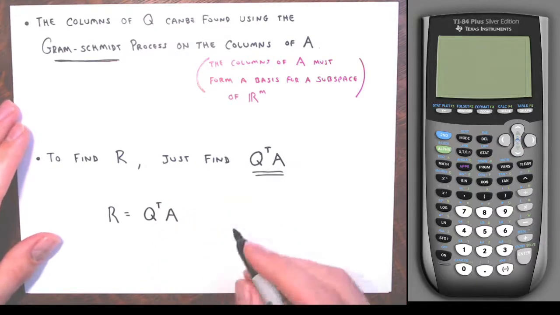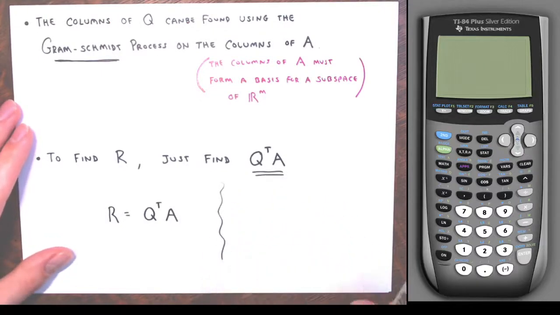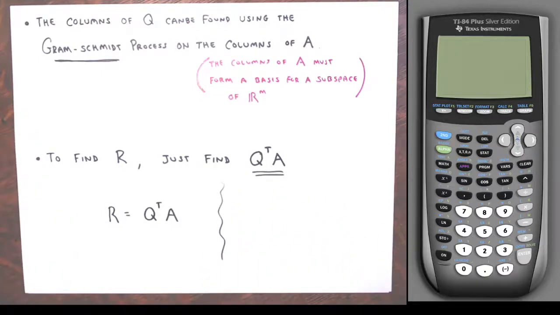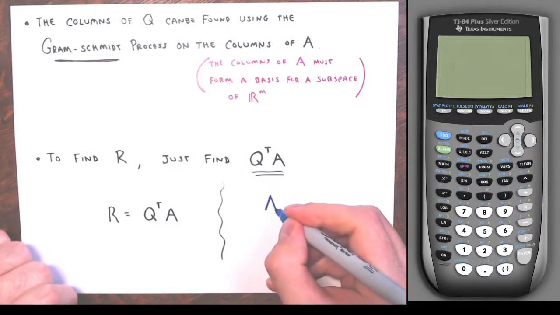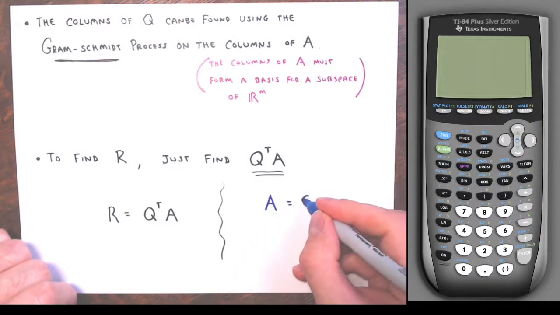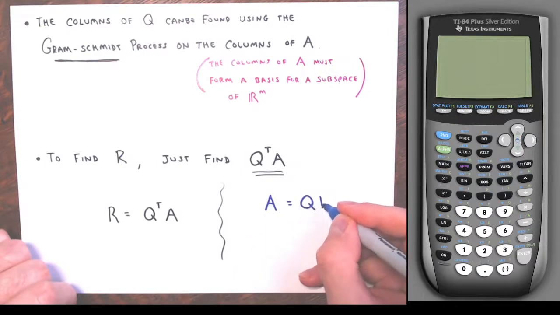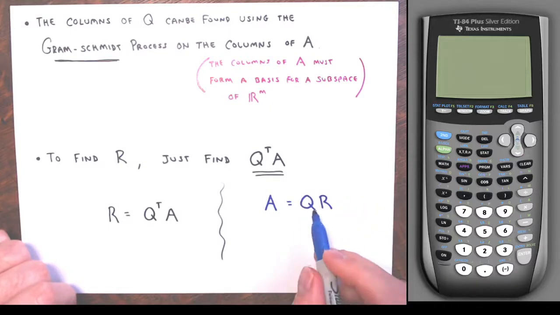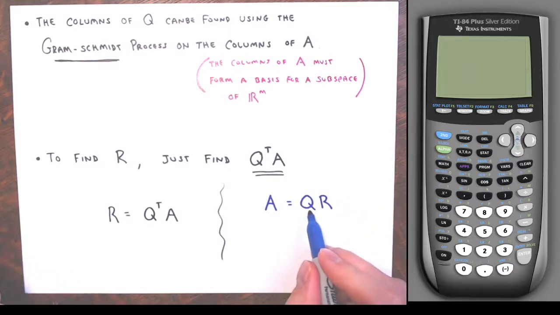And the reason for this is that we're eventually going to express A in this QR way, the QR factorization. And Q has orthonormal columns.